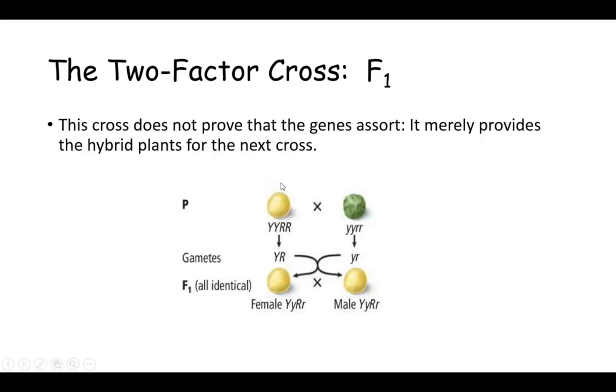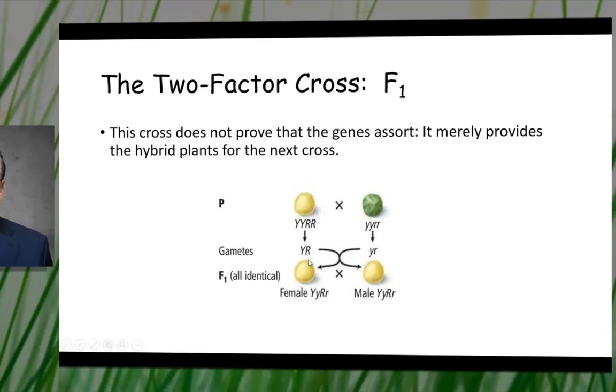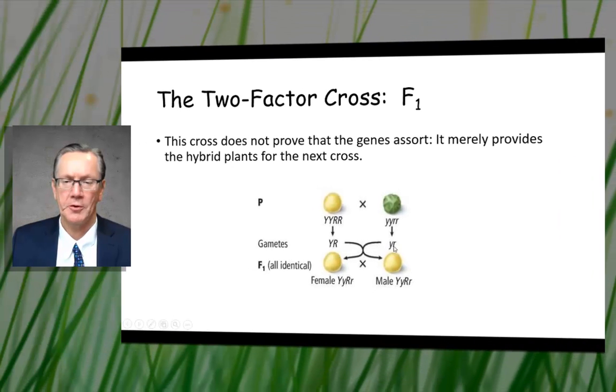So notice we begin with homozygous dominant crossed with homozygous recessive. These are the gametes that are produced. And the F1 are all identical. They're all heterozygous for color and heterozygous for roundness.